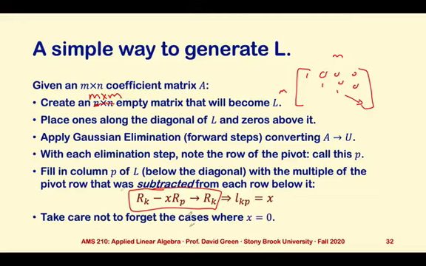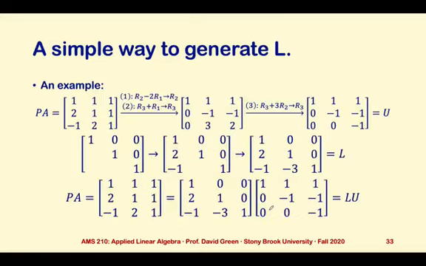We also have to be careful that in the cases where x equals 0, where we skip a step in the elimination, we do need to put in the appropriate coefficient of 0 there so that we have a complete matrix.